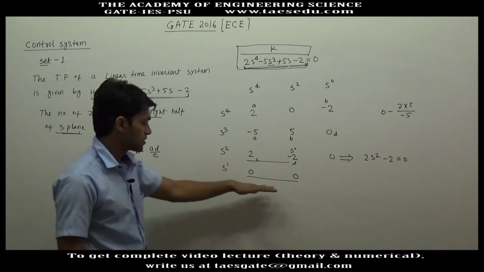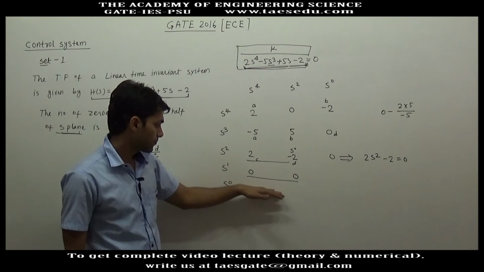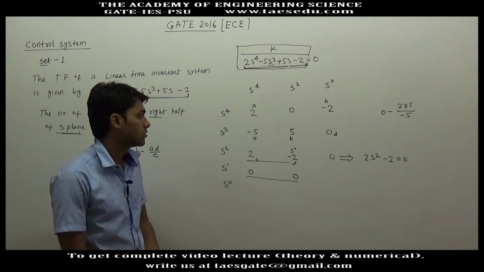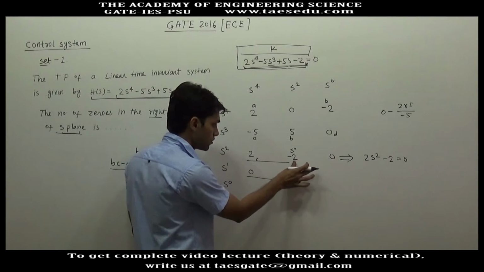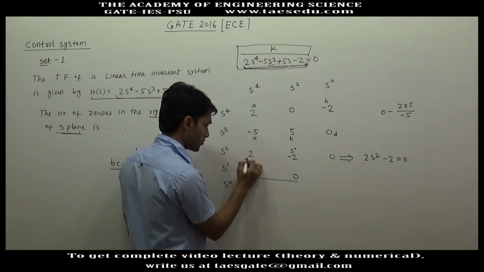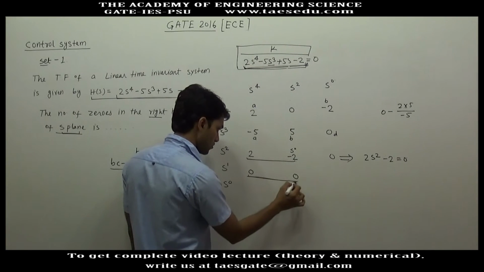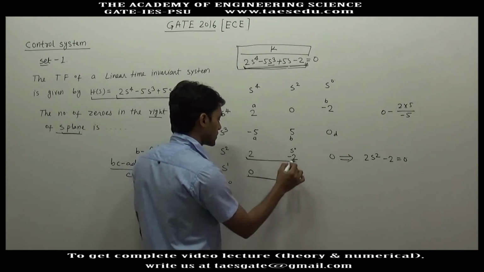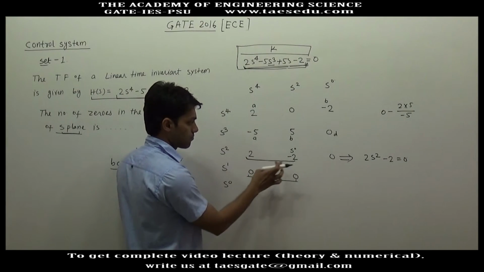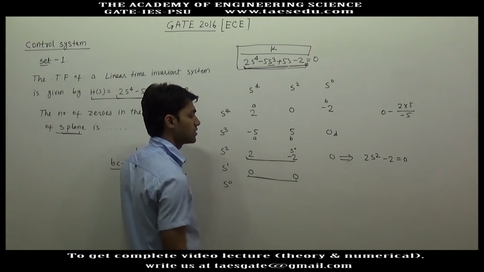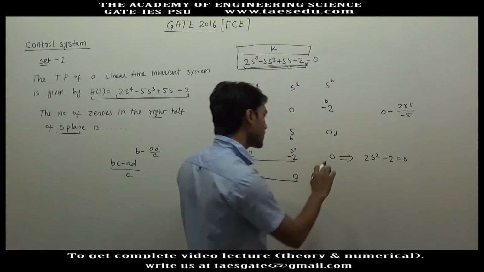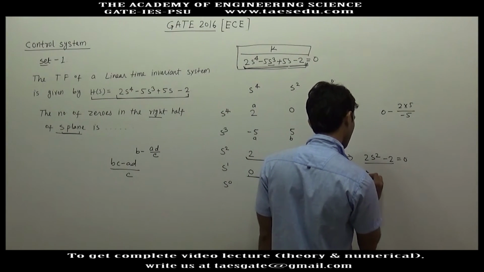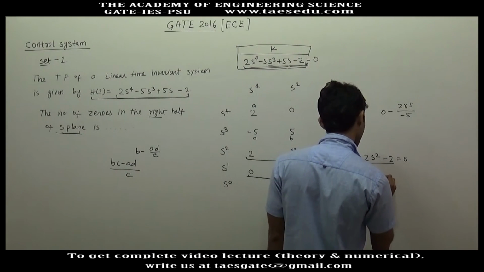If a complete row is 0 and you have to complete the Routh-Hurwitz table, you use the elements of the row above the 0 row to form the auxiliary equation. So here the equation will be 2s^2 minus 2 into s^0. Now you differentiate it, and you will get 4s.